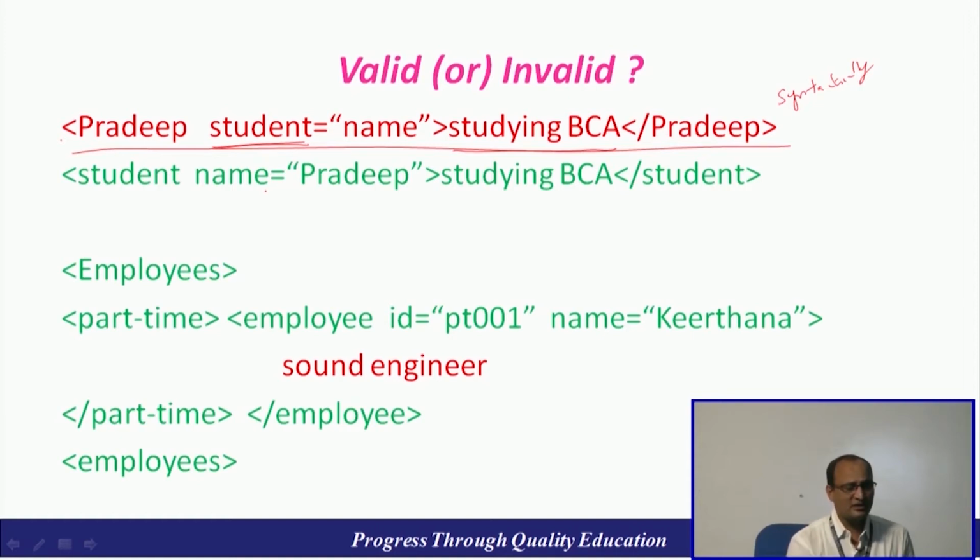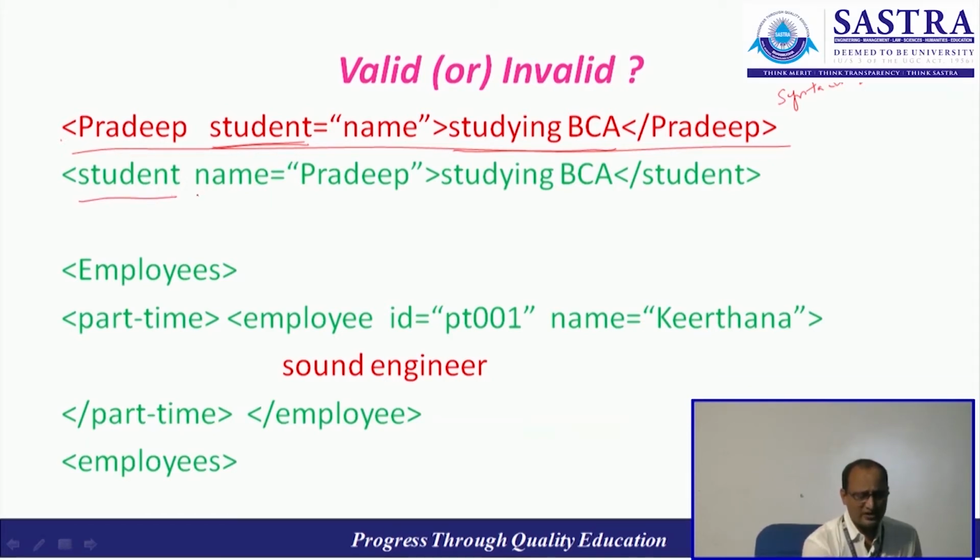The student attribute is name, and its value is Pradeep, and its text is who is studying the BCA course. I have written this in green color; it is syntactically right as well as semantically right.